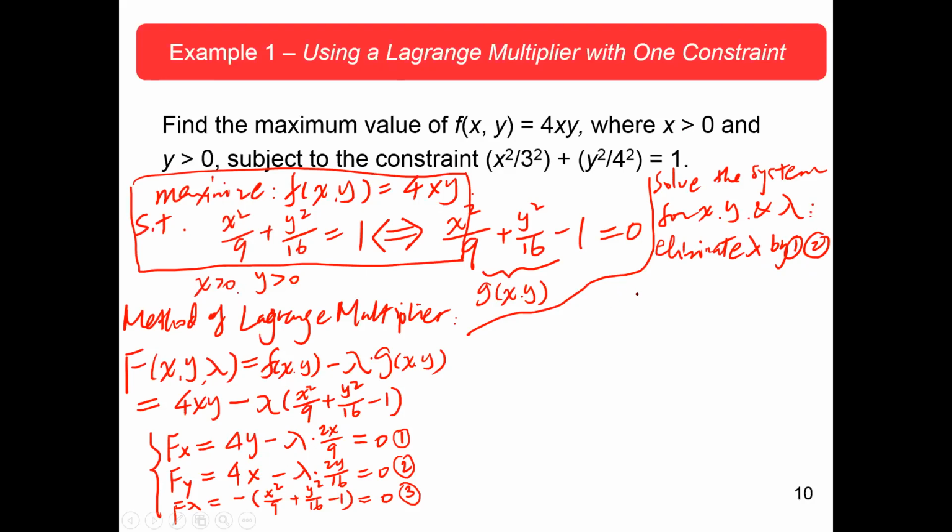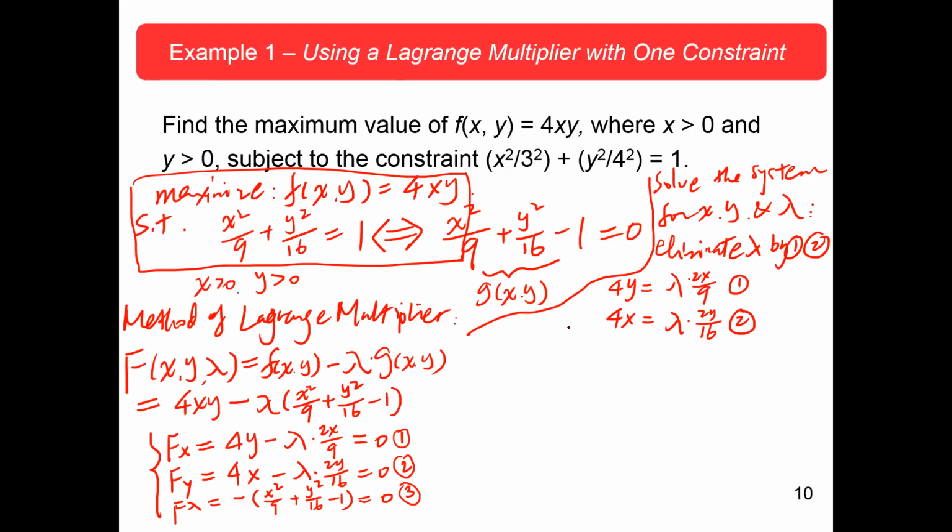And here's a trick we can use a lot of times. Let me move the lambda to the right-hand side. So equation 1 is the same as 4y equals lambda times 2x over 9. Equation 2 is 4x equals lambda times 2y over 16. When you look at these two equations, what's the quickest way you can get rid of the lambda?